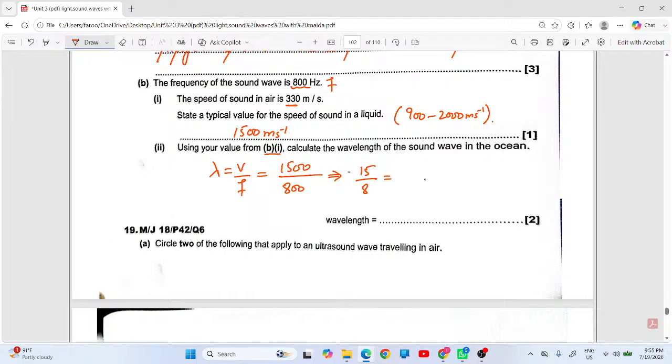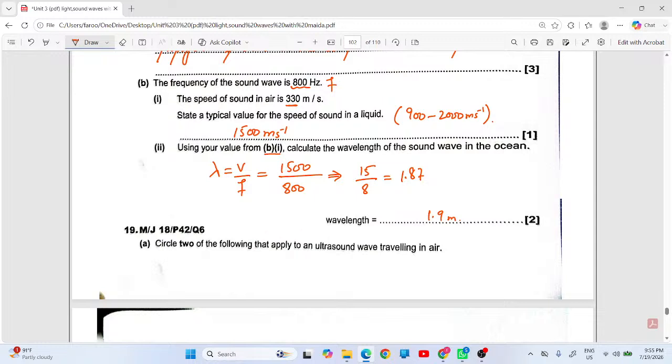So 15 over 8 will come, that is 1.87. Any confusion?